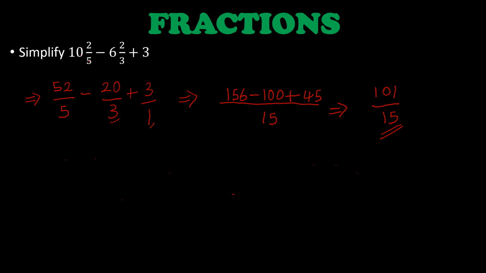So if we do that, 101 divided by 15 will give us 6 whole number, because there are only 6 wholes of 15 in 101. So you're going to have 6 whole number, and the remainder will be 11 over, our denominator always stays the same, 15. So we've converted it to a mixed number.